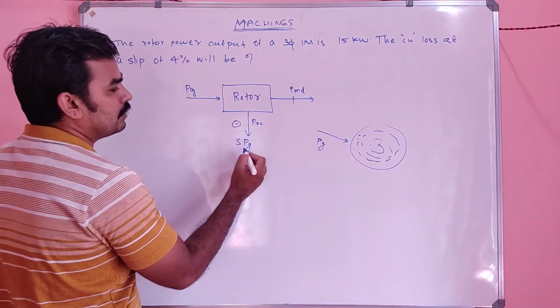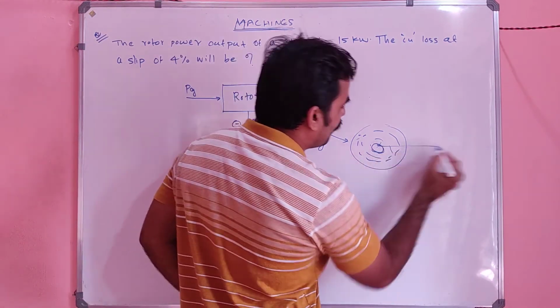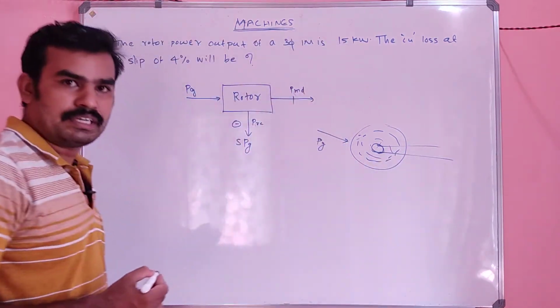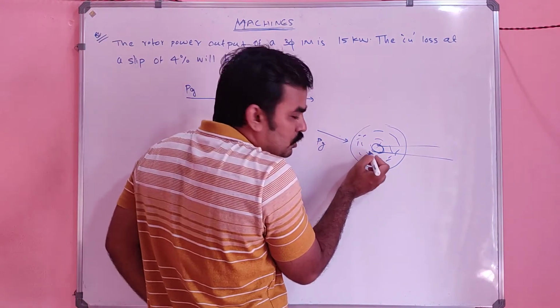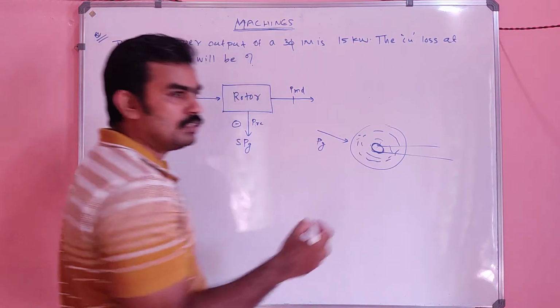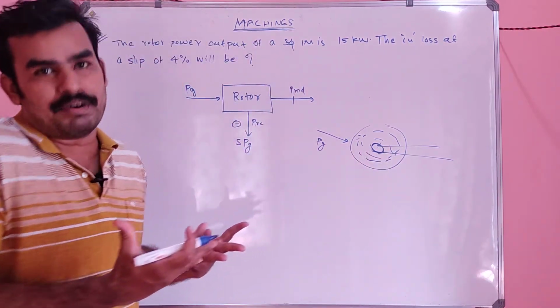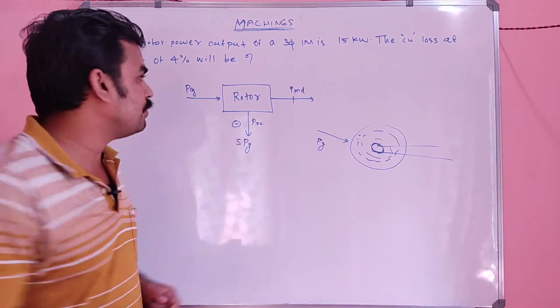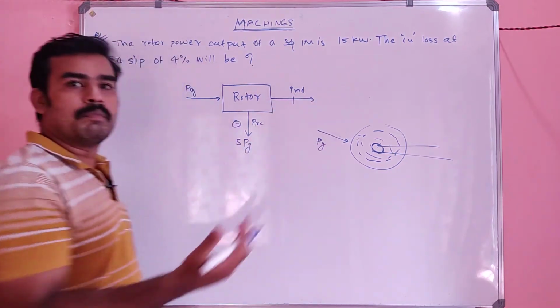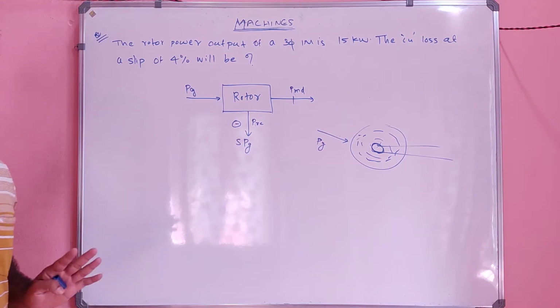That is nothing but S into PG losses. After that, here it is the shaft connected. So after all those copper losses, a power is developed. That power is nothing but PMD, the mechanical power developed in the rotor. That is the rotor output actually.